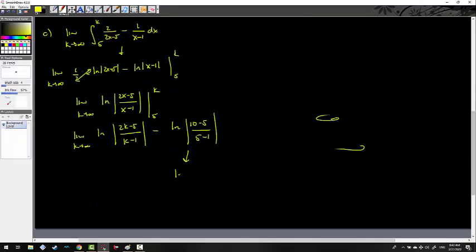This is going to become ln of 5 over 4. And then if I take the limit as k goes to infinity, this piece going to infinity, he'll go to infinity and he'll go to infinity twice as fast. So I'm guessing this is going to become ln of 2.